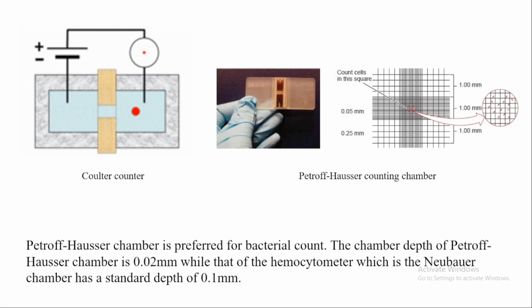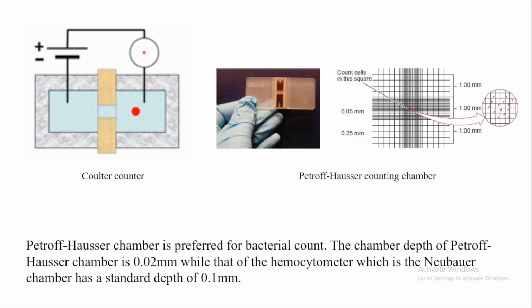So the only difference between Petroff-Hauser counting chamber and hemocytometer is the volume of the cell solution that it can take up. So the depth of the chamber. The depth of Petroff-Hauser chamber is 0.02 mm, whereas Neubauer chamber it is 0.1 mm.